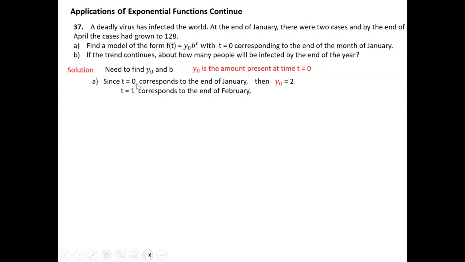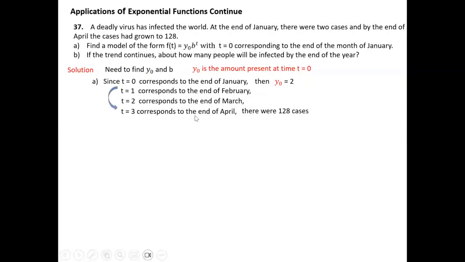So here's where you find what time was at the end of April. Since t equals 0 corresponds to the end of January, then t equals 1 will be the same thing as February, t equals 2 is equivalent to March, and t equals 3 corresponds to the end of April. So there were 128 cases at the end of April.